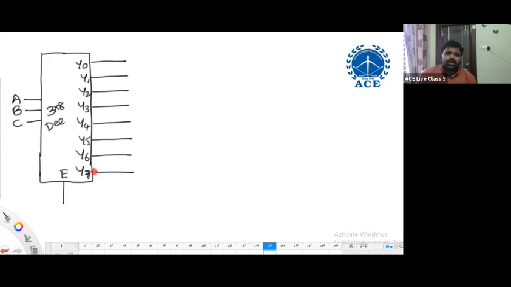What will be the output, sir? E A bar, B bar, C bar, E A bar, B bar, C, so and so E A B C. If I say it is enabled by connecting it to 1, what we get here?